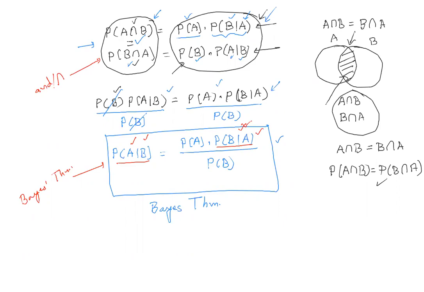Let's say you know probability of B given A, but you want probability of A given B. You know this and you want this. So if you know this, then you can go ahead and use Bayes theorem, and you can go ahead and find this.